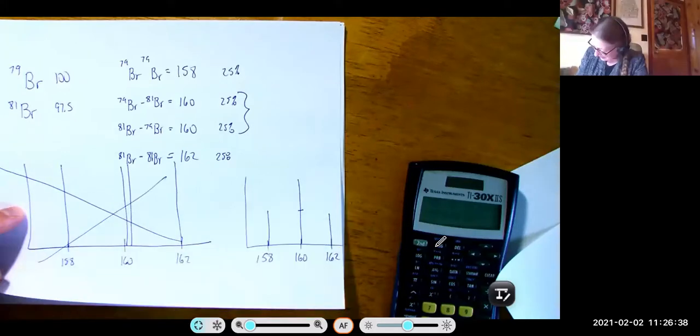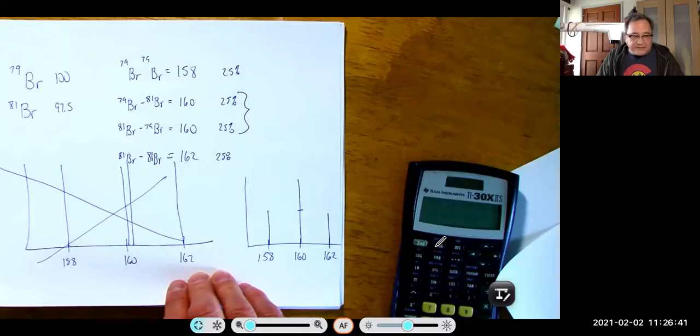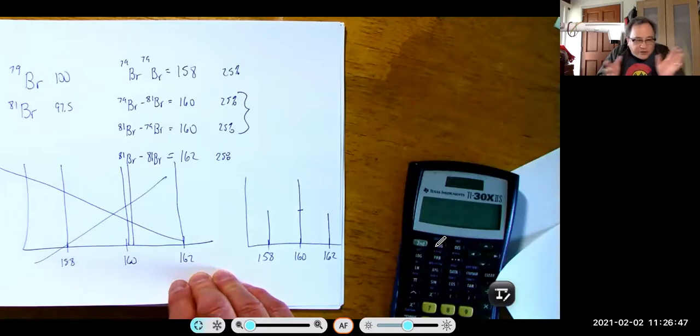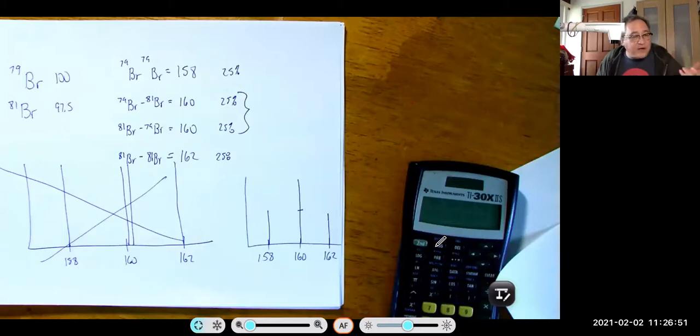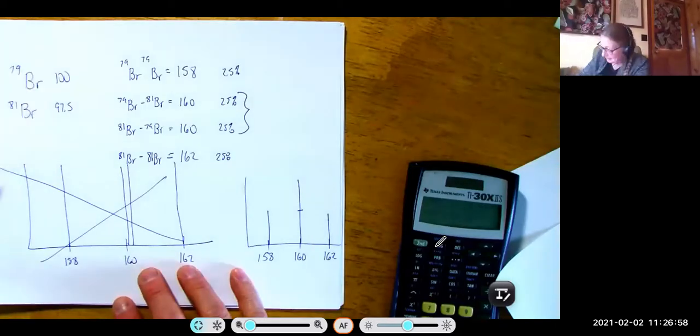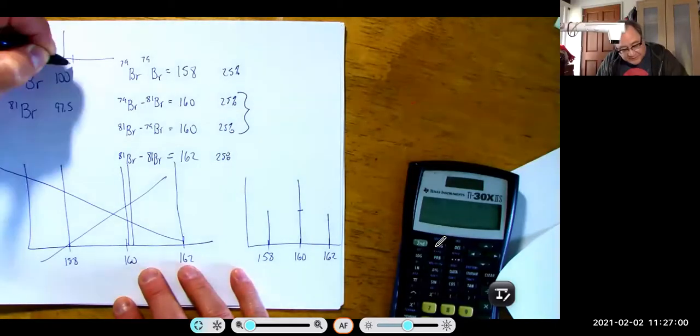So wasn't that kind of cool? You come up with an idea. Alice had this idea that maybe we should put two different isotopes together, and that would have been a great idea to run with. But even when people do that, they tend to come up with this.